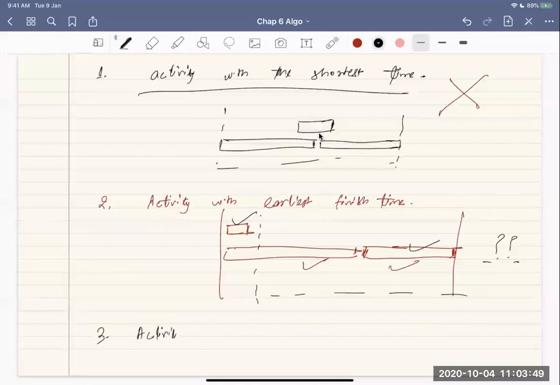Activity with minimum number of incompatible requests. Now this is again tricky. Can you think of a counterexample where a request with the minimum incompatibilities is not in my final solution?